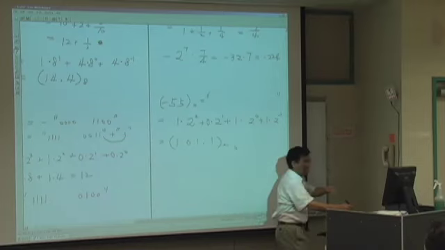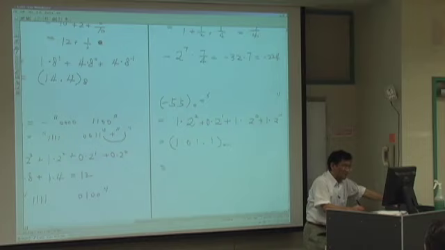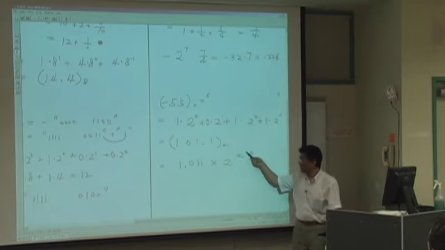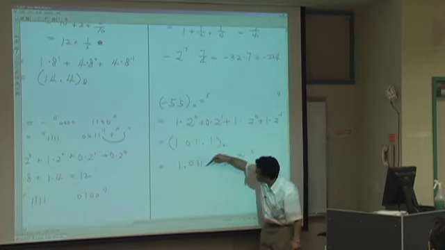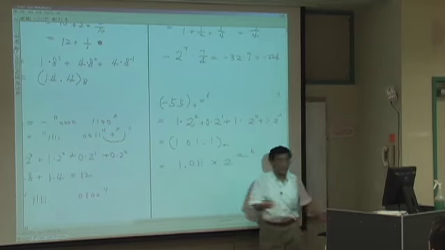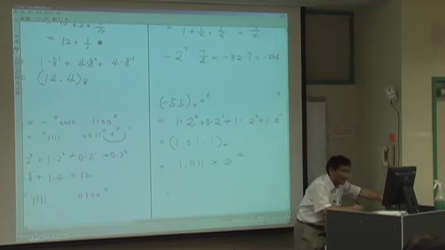So I want to write the number in the standard form. Then the exponent is determined and the normalized portion is determined, right? The exponent portion and normalized portion should be written, because the bias is 0, 1, 1, 1, 1.